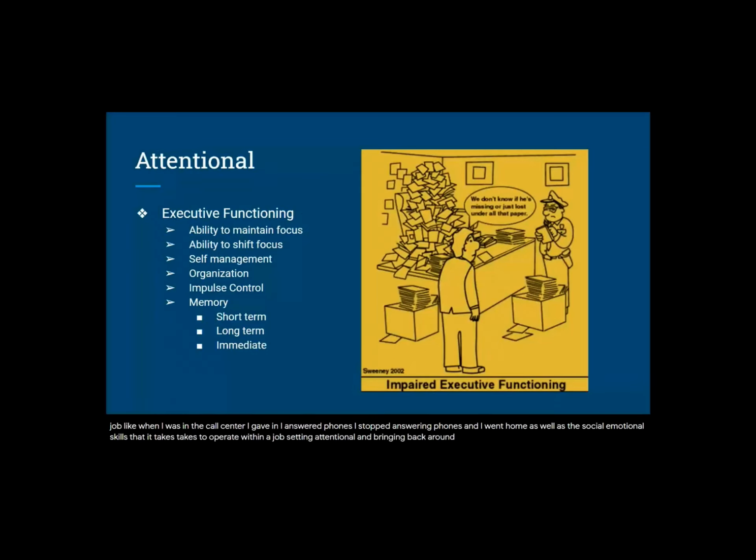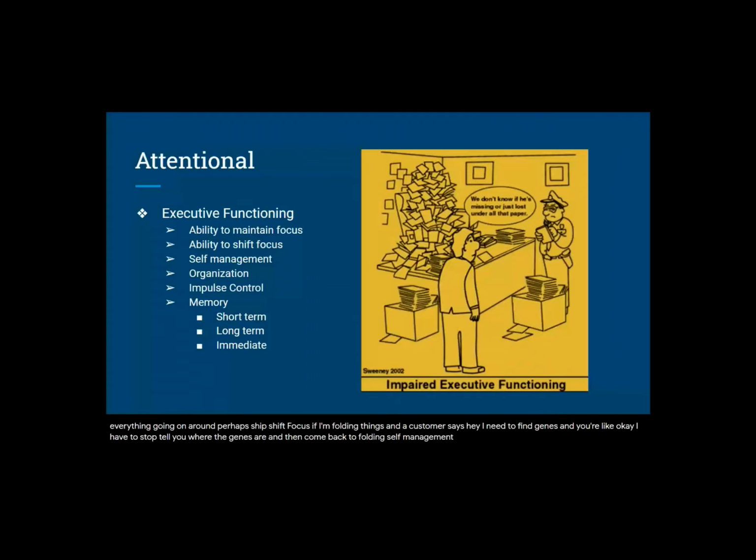Attentional, and bringing back around executive functioning, because in an office or in any type of work setting, whether it be a mechanic garage or a laundry service or retail, you have to be able to maintain your focus with everything going on around. Perhaps shift focus. If I'm folding things and a customer says, hey, I need to find jeans, and you're like, okay, I have to stop, tell you where the jeans are, and then come back to folding.